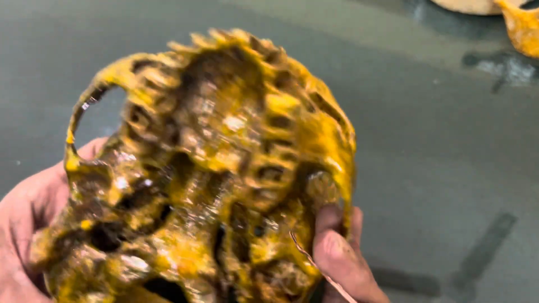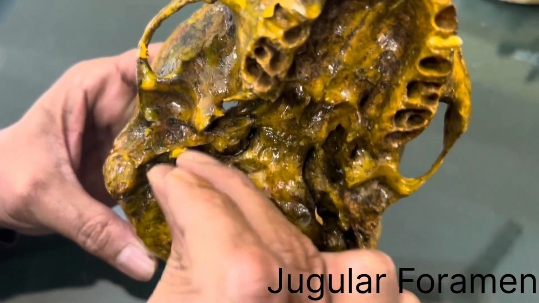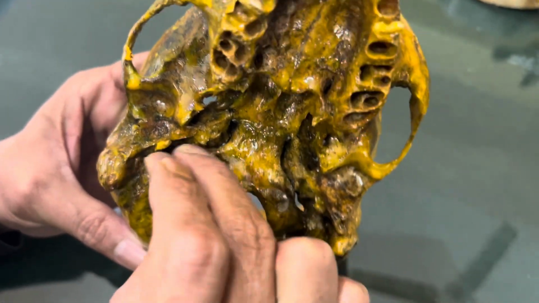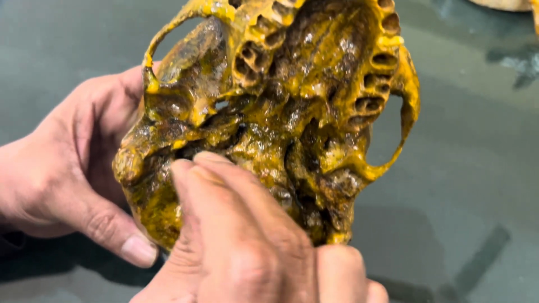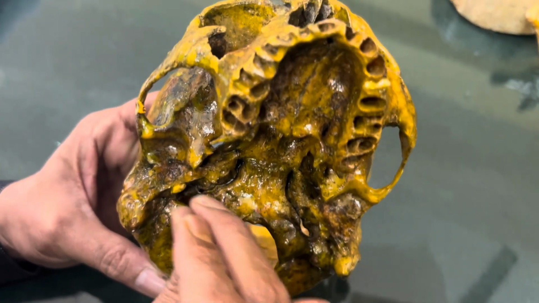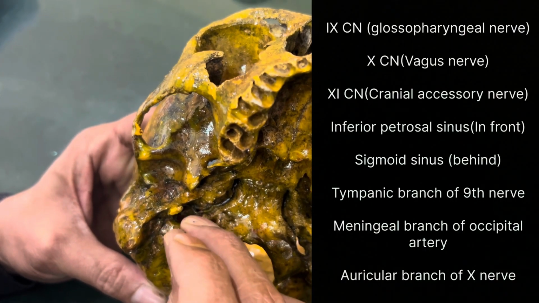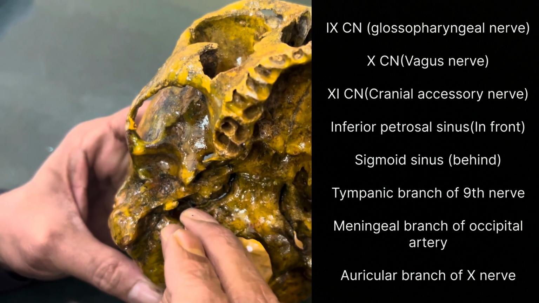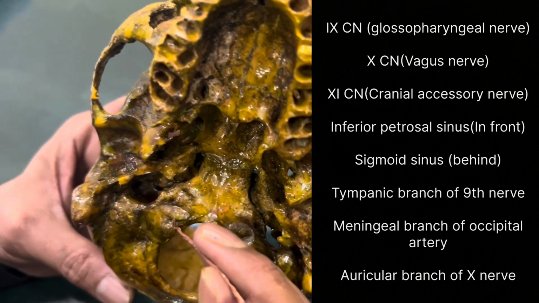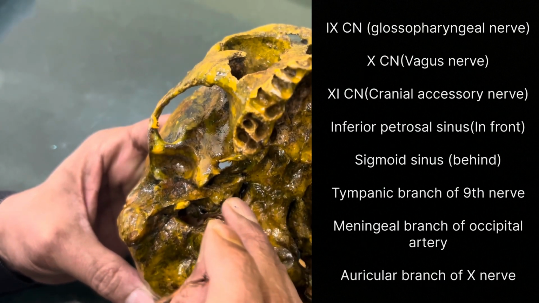Then we have an important foramen here by the sides. This one is the jugular foramen, to which or from which the 9th, 10th, 11th cranial nerves emerge out. 9th, that is glossopharyngeal, 10th, the vagus, 11th, the cranial accessory. These three emerge out, along with, in its anterior part, the inferior petrosal sinus.